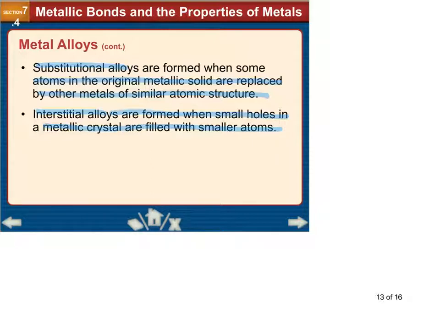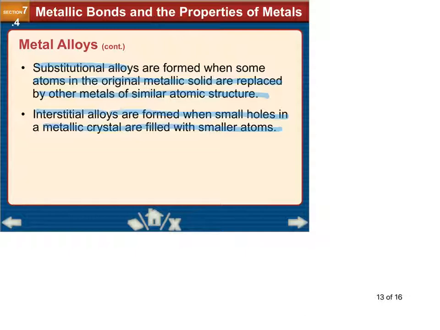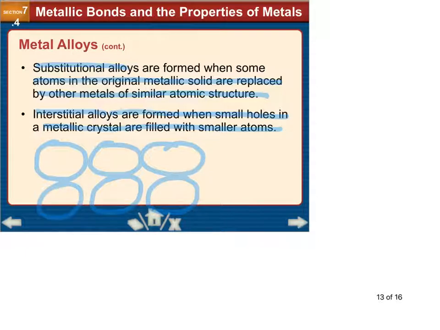So for interstitial, they might have some atoms represented here, and then the holes are filled in with smaller atoms, which kind of act like glue. In a substitutional alloy, something is just replaced with another one.